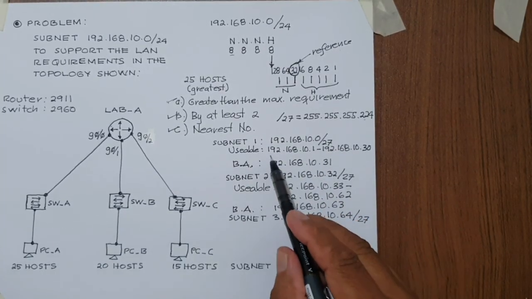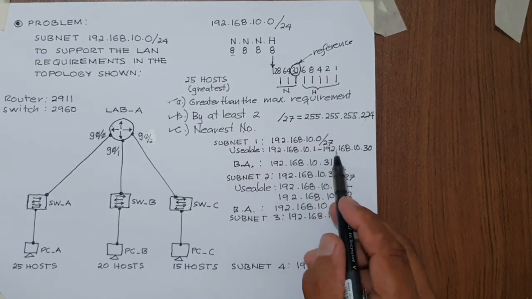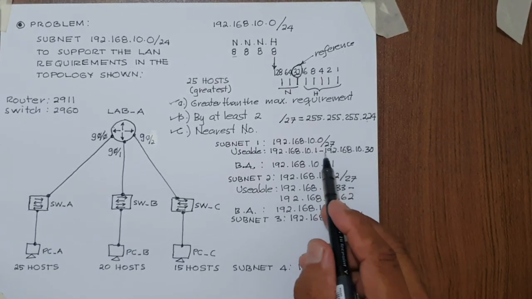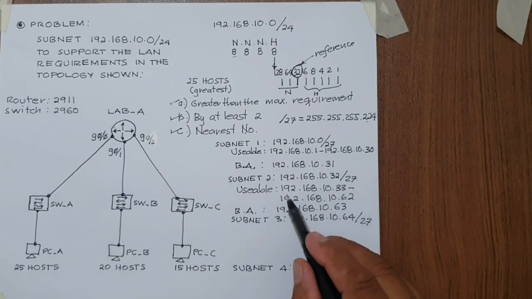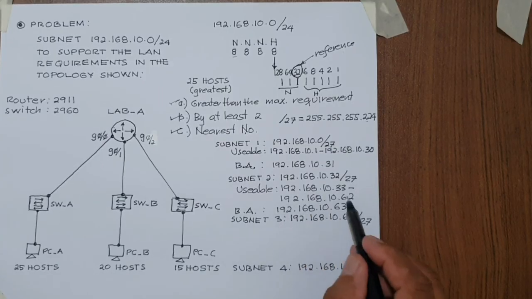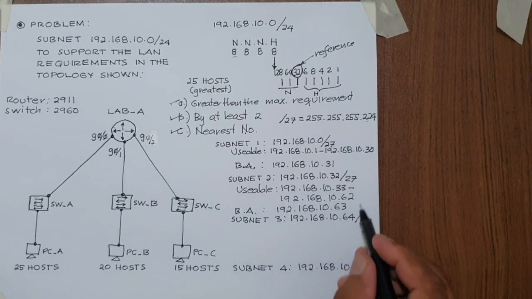If you notice, the usable here from 10.1 to 10.30, there are 30 IP addresses available, enough to support the 25 here. Okay? And this subnet also can support 30 from 10.33 to 10.62.